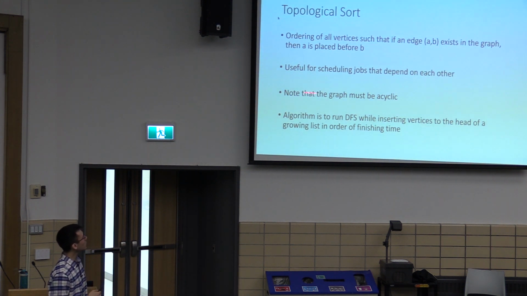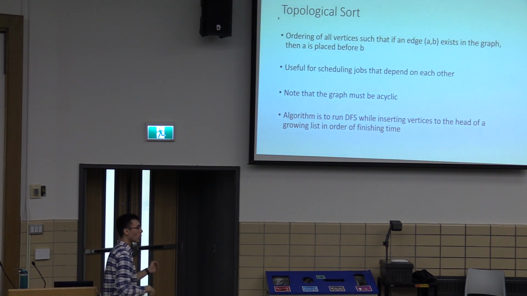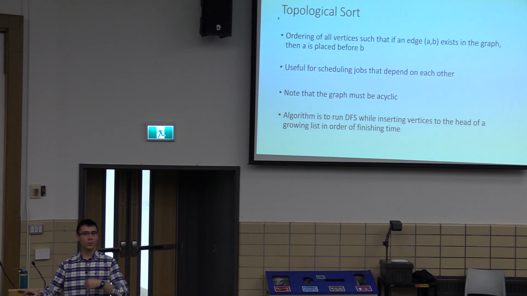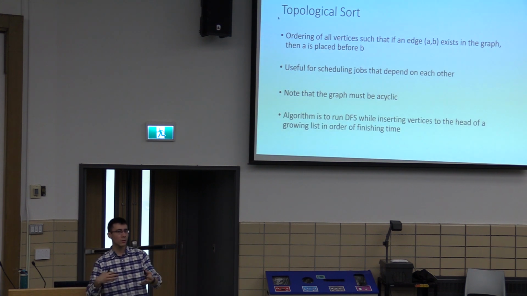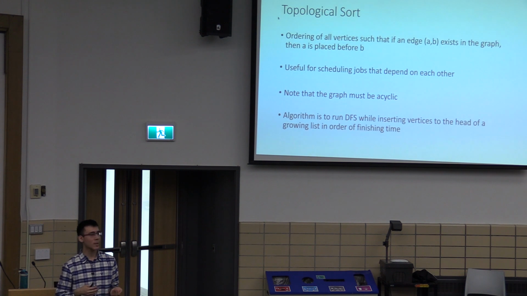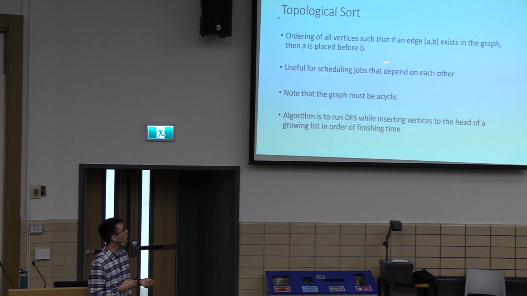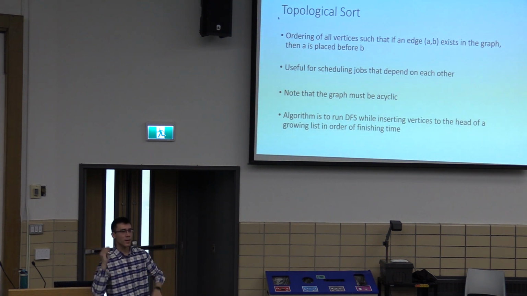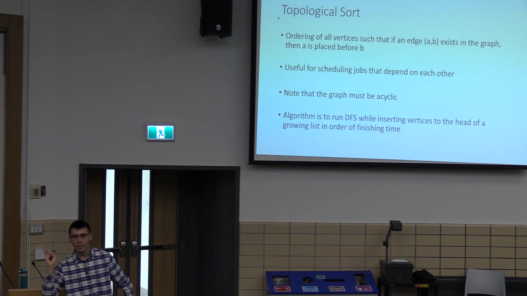This is useful also for scheduling jobs. If you're scheduling a bunch of jobs, and you know that job 1 has to be before job 2, job 5 needs to be before job 8, for example, then topological sort will give you a good ordering of when to make the jobs happen.